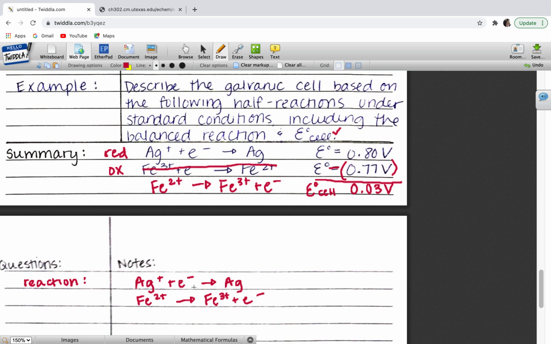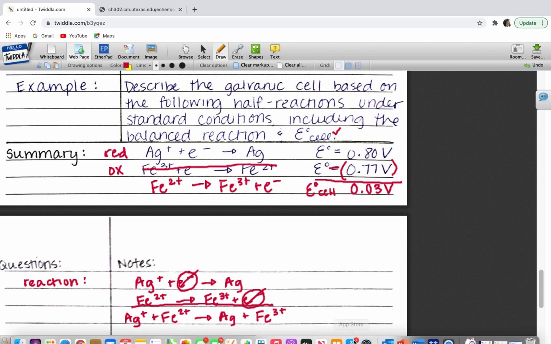Now in this case, I have 1 electron being lost, 1 electron being gained, and when I add them up to get my overall reaction, they're going to cancel out because I have 1 on the reactant side, 1 on the product side. And so literally this one already was balanced. It's going to be Ag+, the ion, and the iron 2 ion, forming solid silver and iron 3.